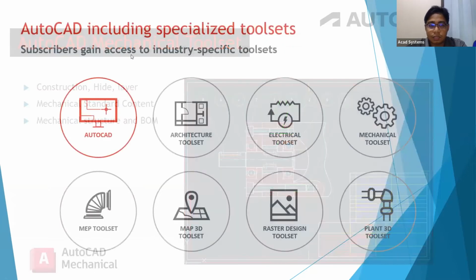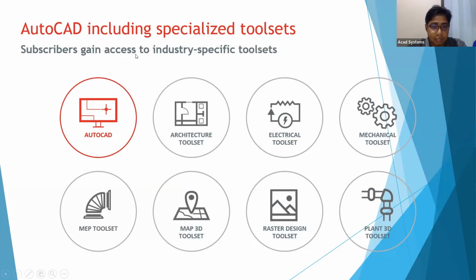Right, so last one, this is basically how you can get the mechanical toolsets. In order to get the AutoCAD Mechanical toolsets, you just need to subscribe to an AutoCAD license. So you need to buy the AutoCAD license, whether it's a 1 year subscription or maybe 3 years.